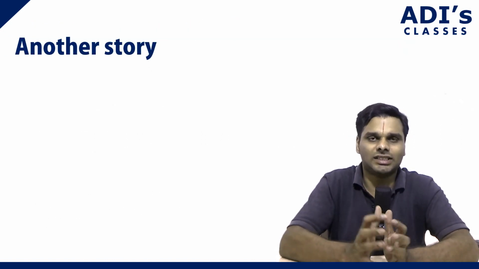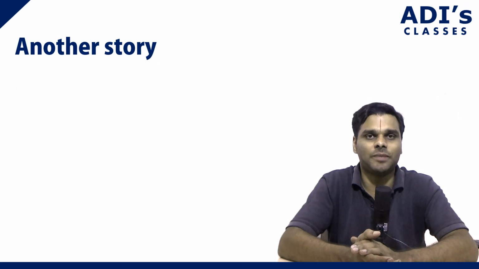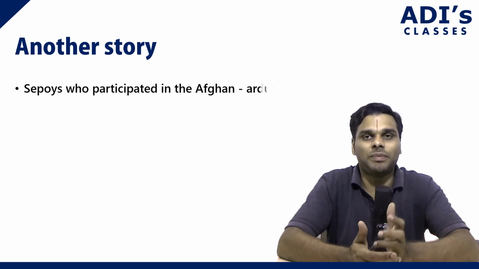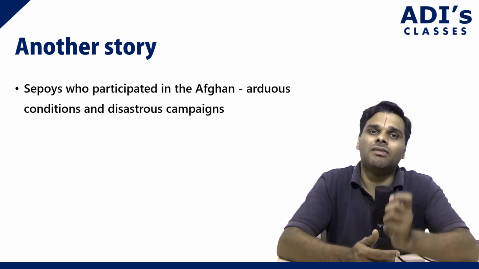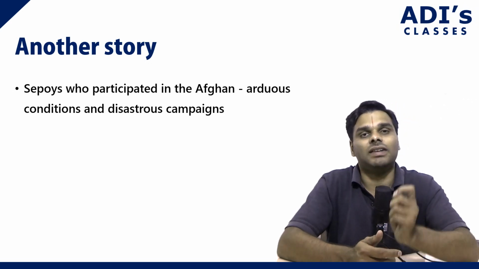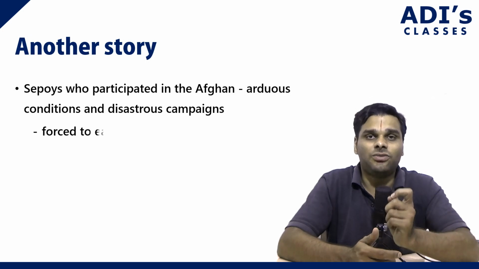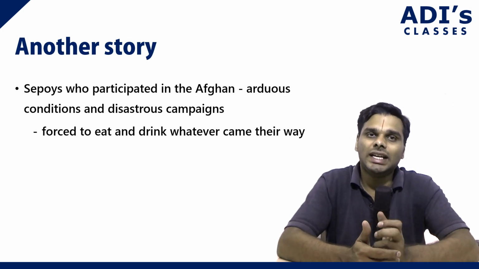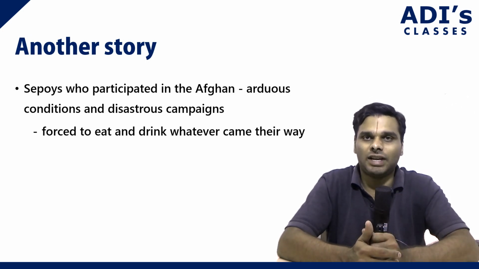We look at another instance. The sepoys who participated in the Afghan war were subject to some arduous conditions and disastrous campaigns when they were there. The fleeing sepoys were forced to eat and drink whatever came their way.